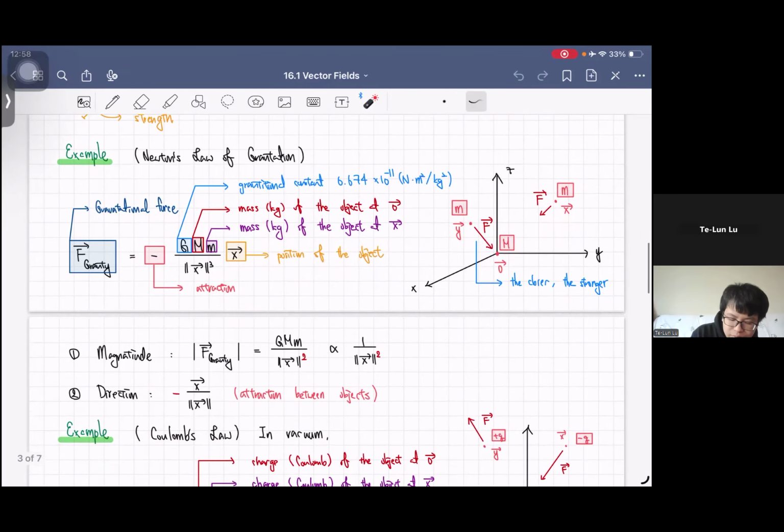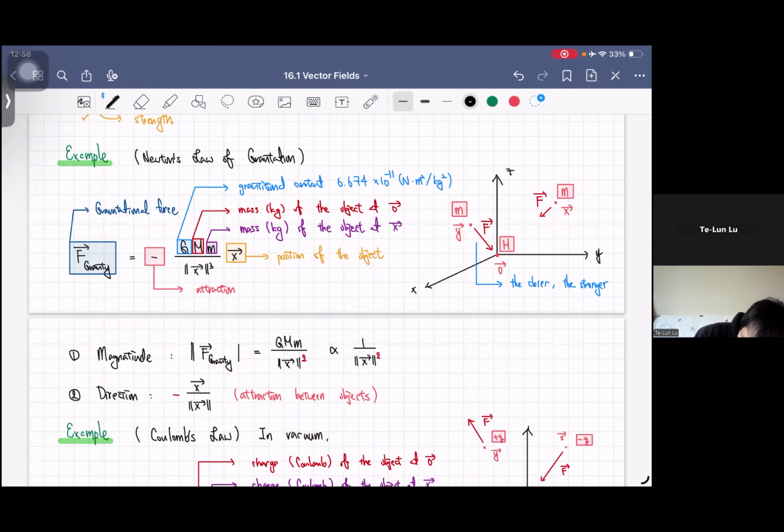And you can see that the magnitude, after taking the, I should put a double vertical line here. So the magnitude of the gravitational force is given by, you can see that if you take the magnitude of this x, it cancels out the denominator. So you simply get GMm divided by the magnitude of x squared, which is proportional to 1 over the magnitude squared.